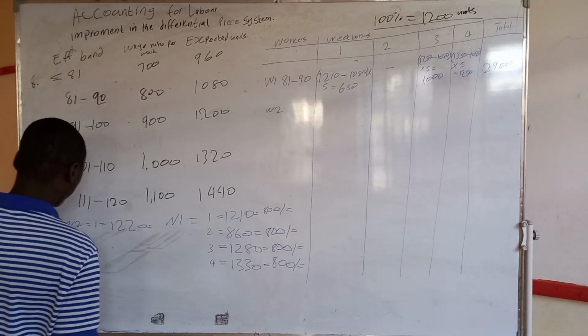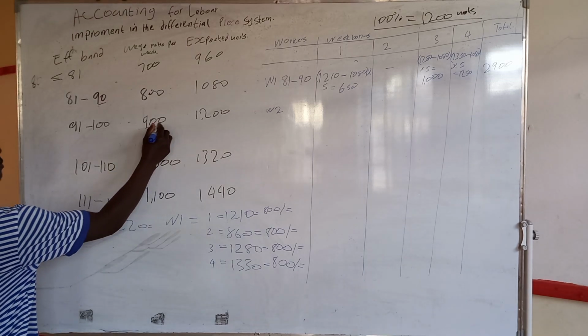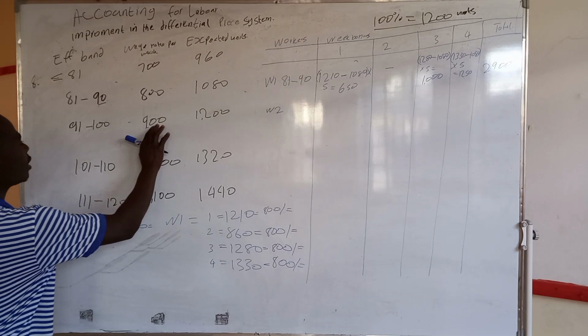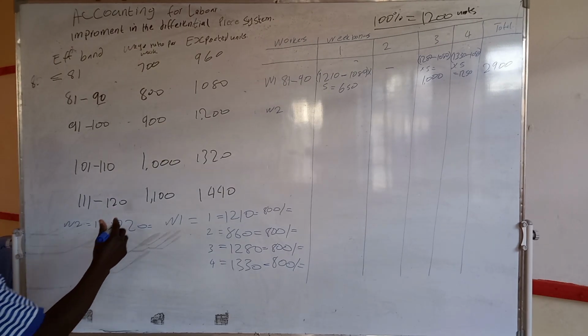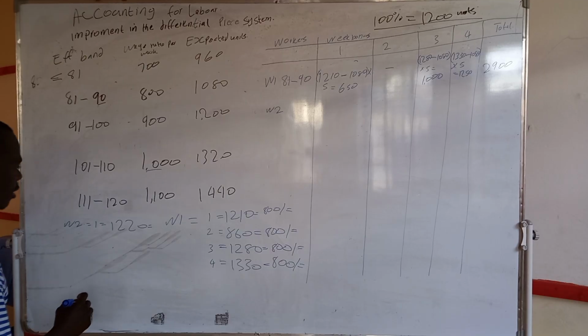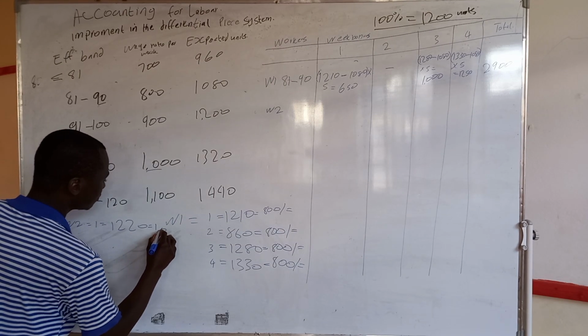One thing for sure at this stage, the fixed wage for worker 2 is in the bracket of 101 to 110, so the fixed wage will be 1,000.